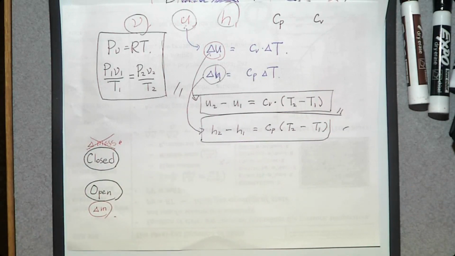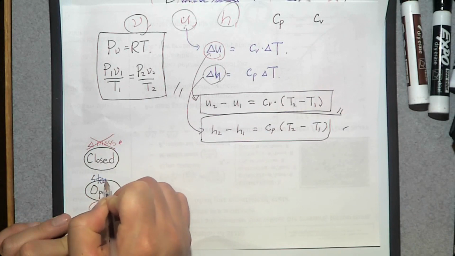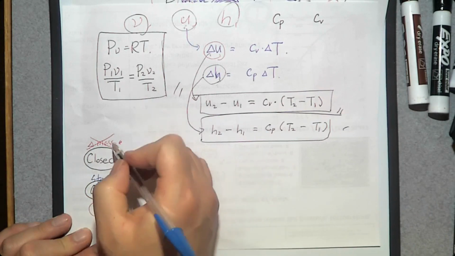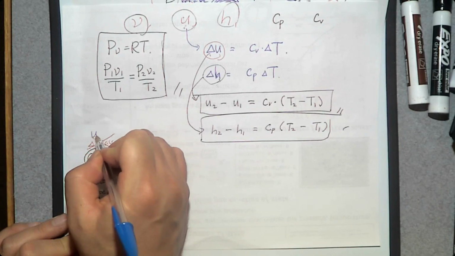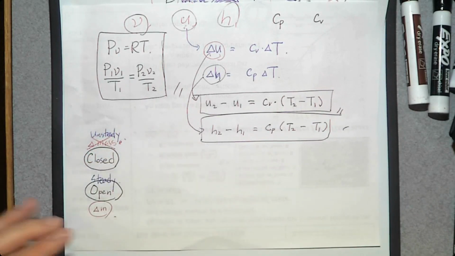And when we study open systems, most of the open systems in engineering are steady open systems. And most of the closed systems are going to be unsteady. Do you know the difference between steady and unsteady? Steady means time independent.